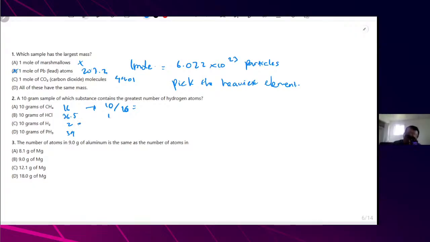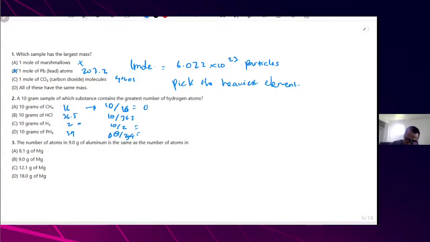So if you compare this one, 10 over 36.5, 10 over 2, and 10 per 34. Which one is the greatest? Based on this information, we can get the answer quickly.